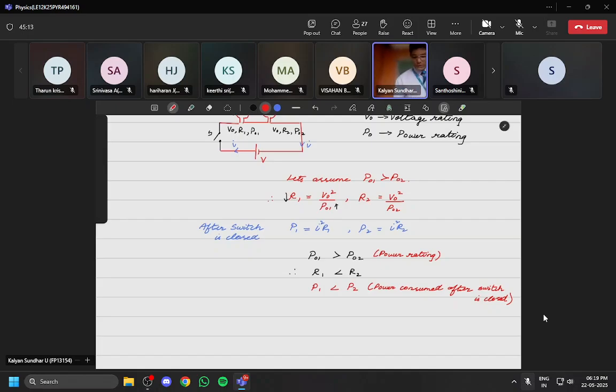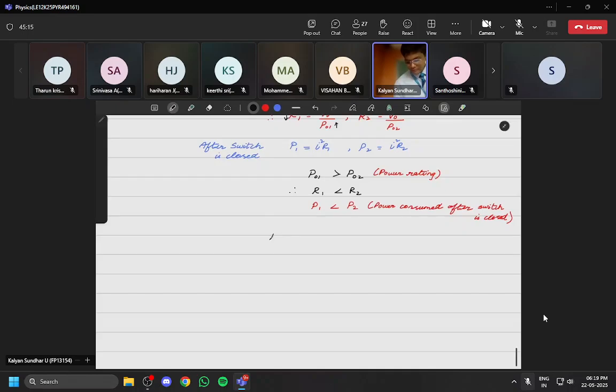Right. So your total power will be equal to P1 plus P2. கரெக்டா? ஒரே பொட்டன்ஷியல்ல தானே கனெக்ட் பண்ணியிருக்கோம்.